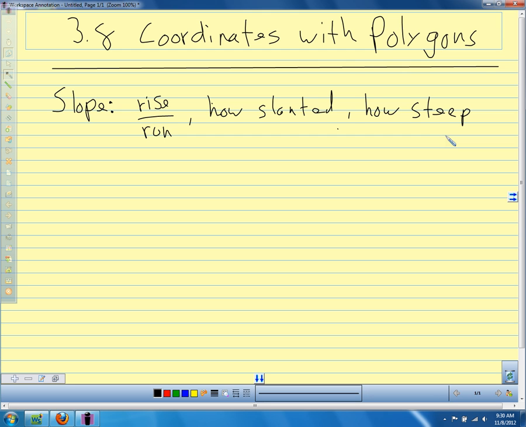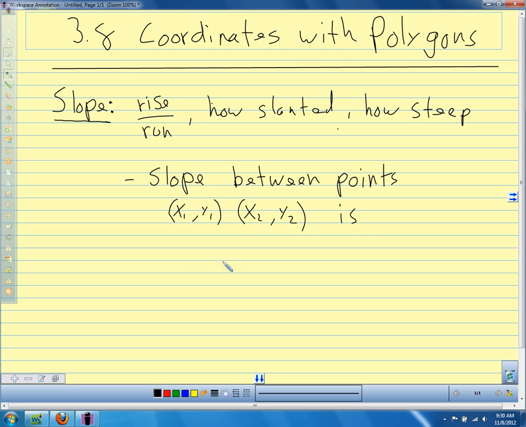What we want to do is figure out how we calculate slope, and two, what it can tell us about polygons. So to calculate the slope between 2 points, and our points are x1, y1, and x2, y2, is y2 minus y1 over x2 minus x1.